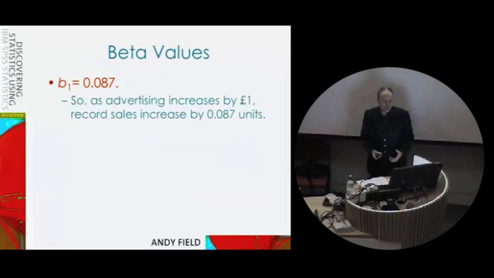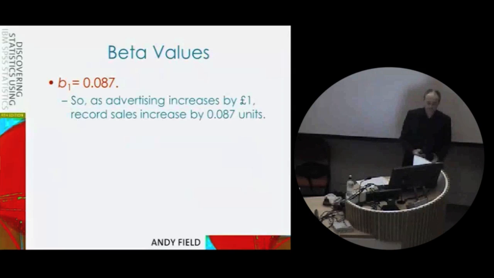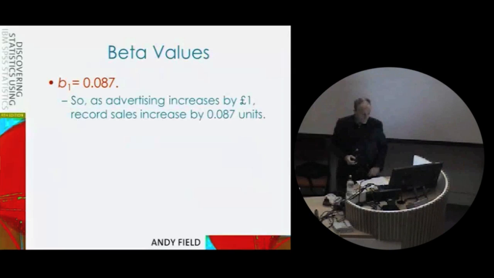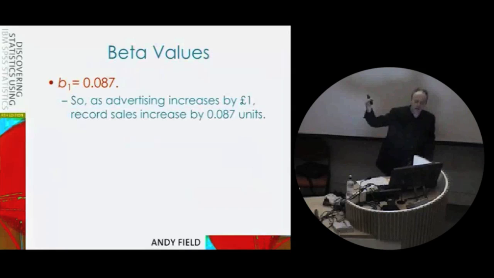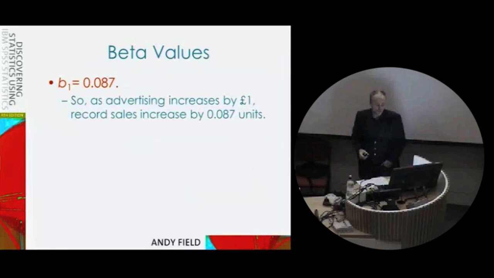So let's look at a concrete example. For our unstandardized beta for advertising budget, we got a beta of 0.087. So what this means is if our advertising increases by £1, record sales will increase by 0.087 units.